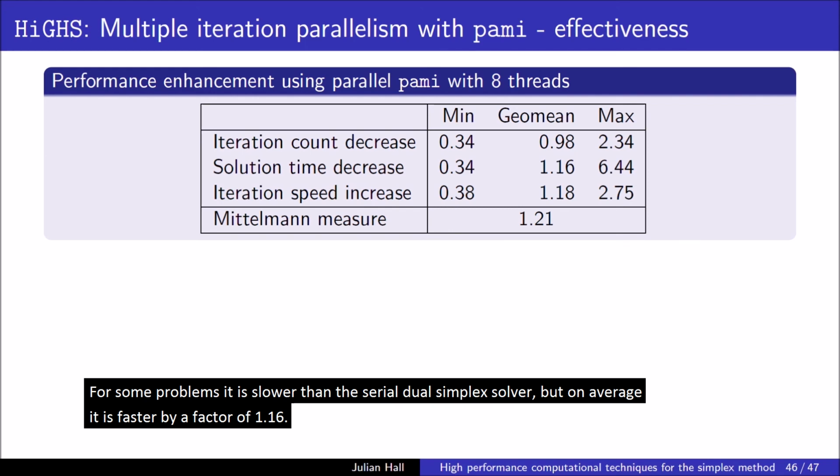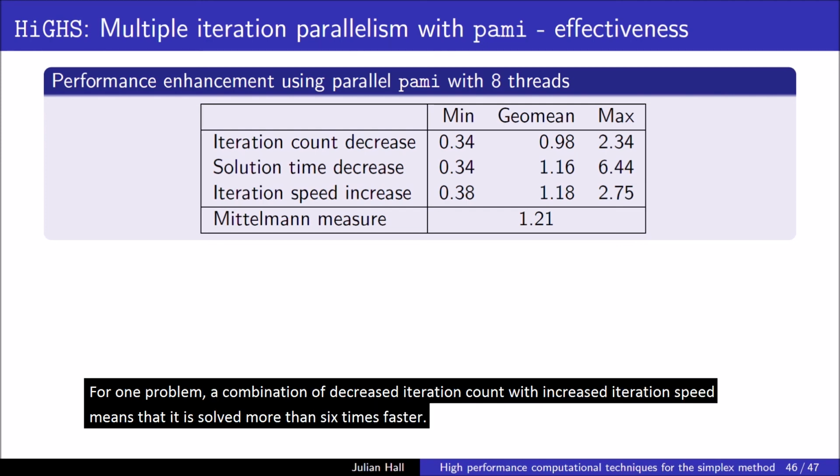For some problems, it is slower than the serial dual simplex solver, but on average it is faster by a factor of 1.16. For one problem, a combination of decreased iteration count with increased iteration speed means that it is solved more than 6 times faster.